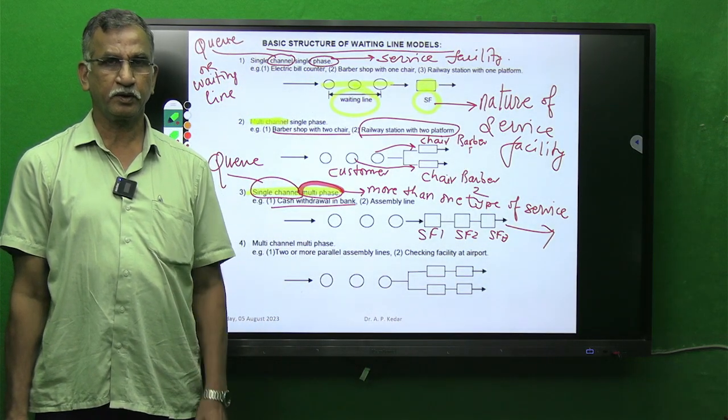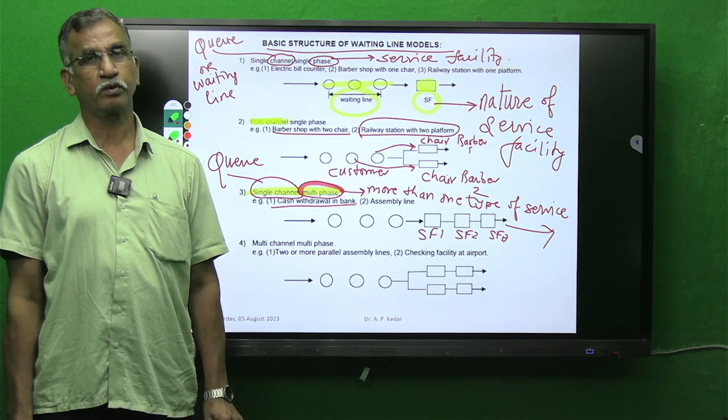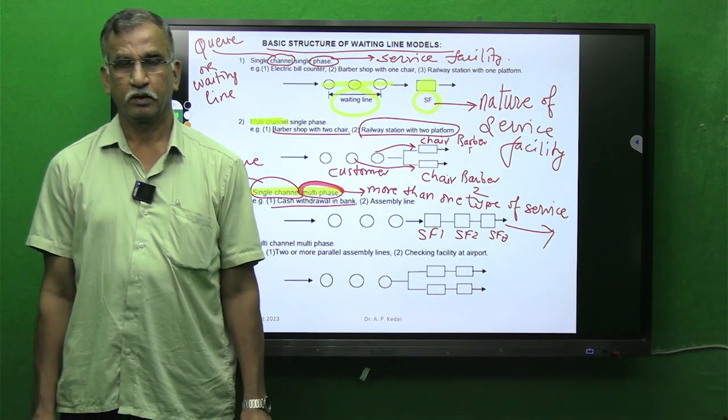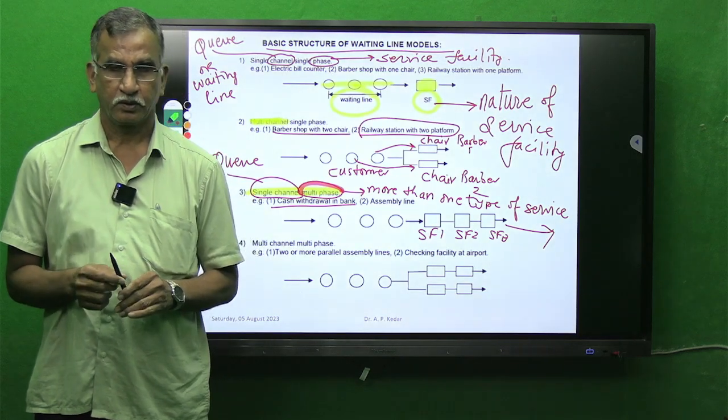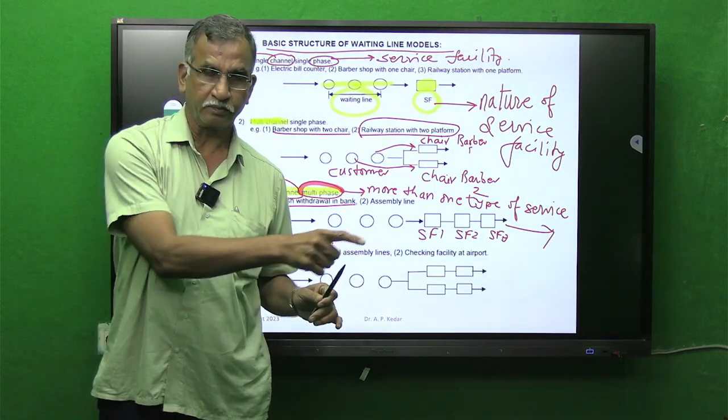This is one example. The other example I will quote is of an assembly line. Suppose we are considering assembly of a motorcycle and there is a conveyor.